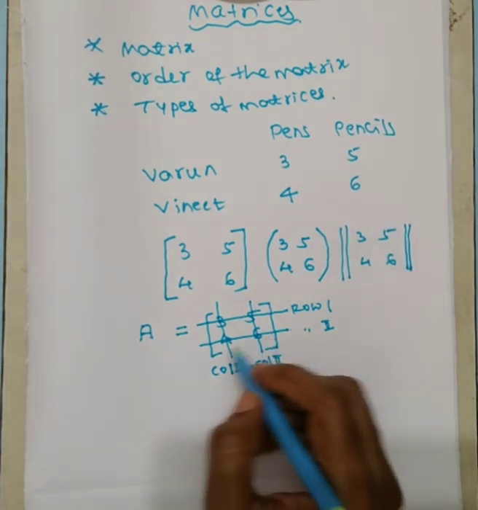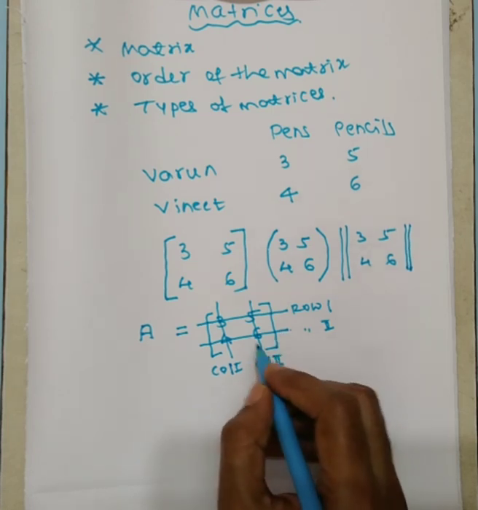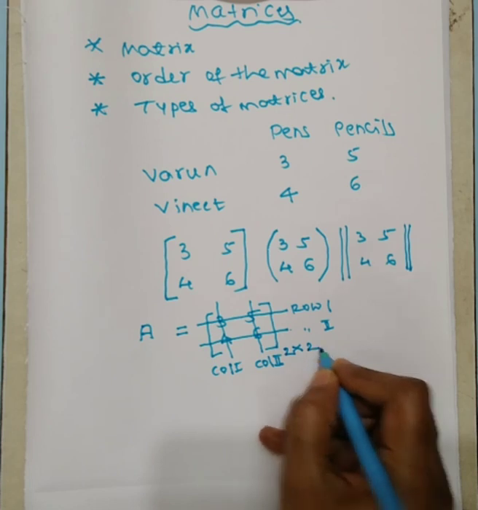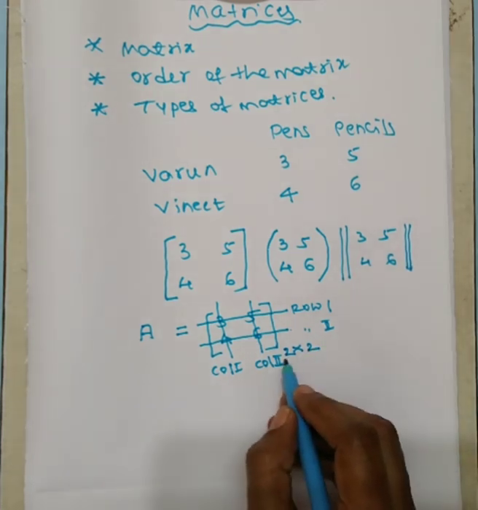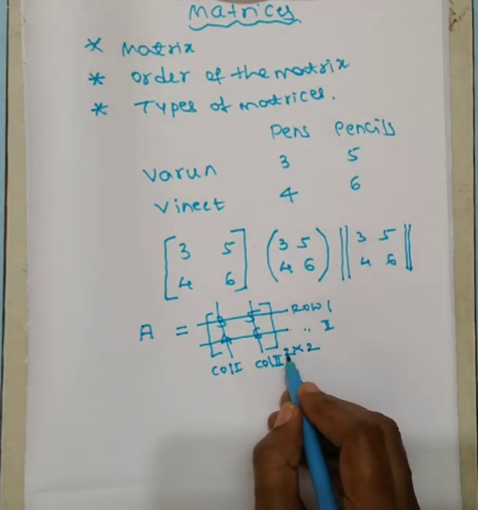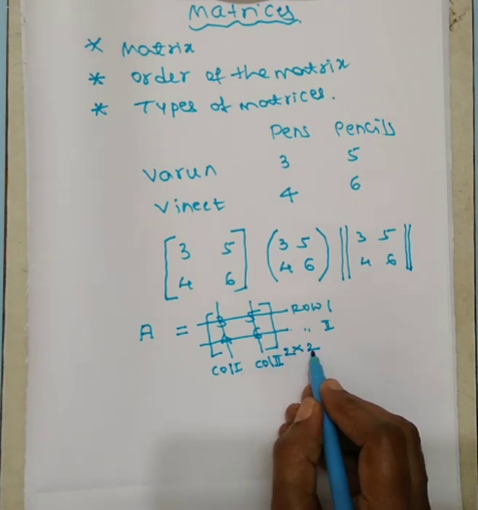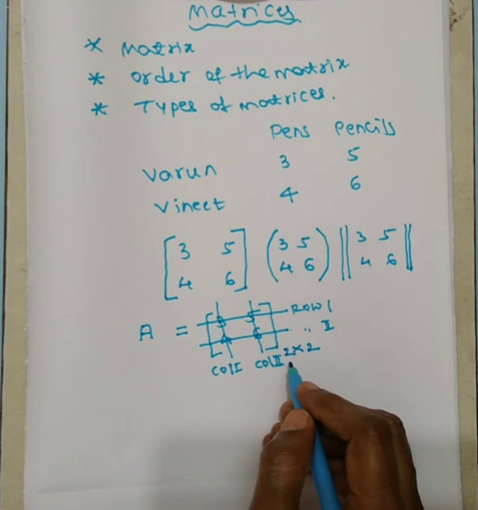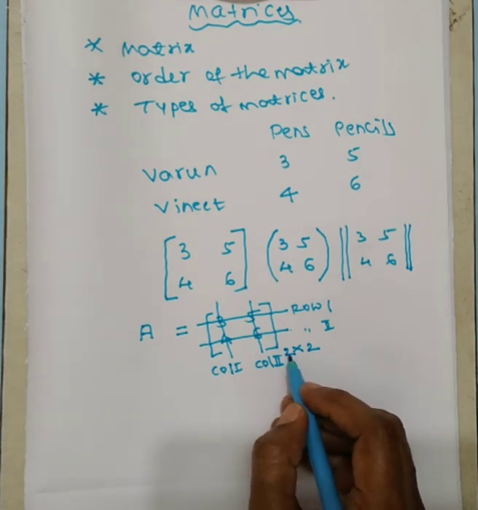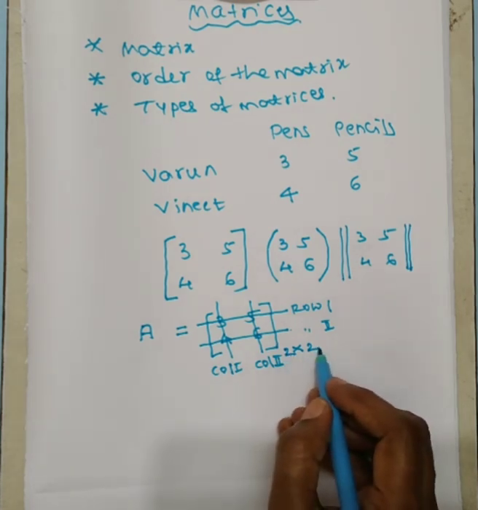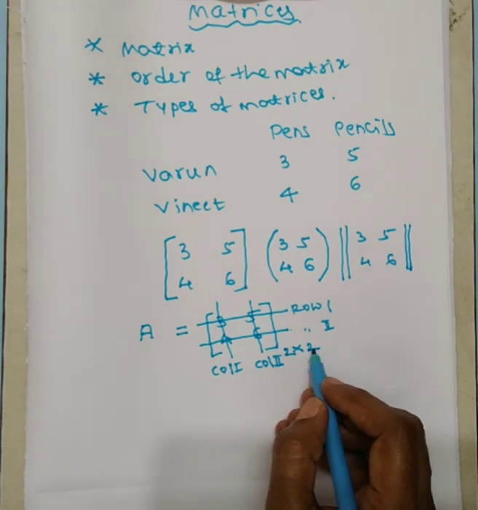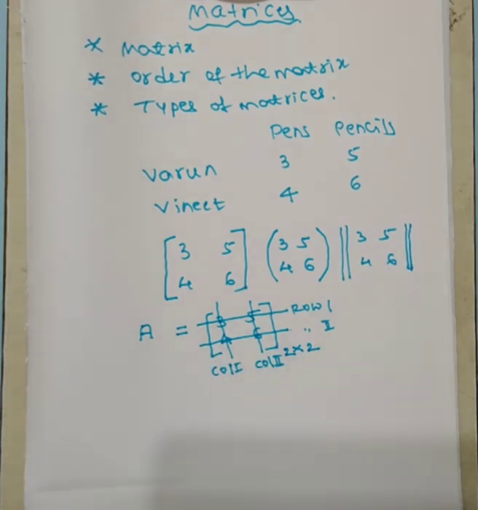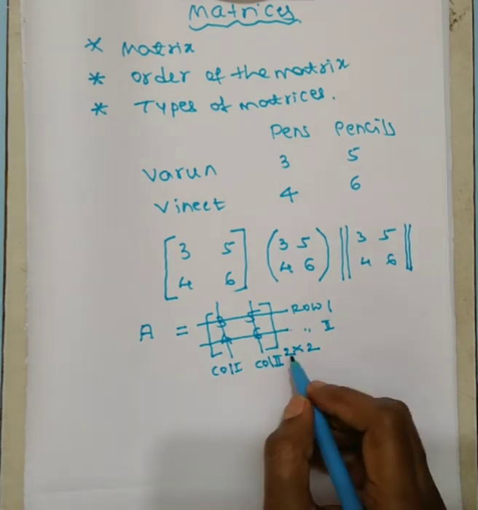Here we can write this as a matrix of order 2 by 2. 2 by 2 means the first number shows the number of rows and the second number shows the number of columns of the matrix. Please remember, the first number shows the number of rows and the second one shows the number of columns. So this is called the order of the matrix A.